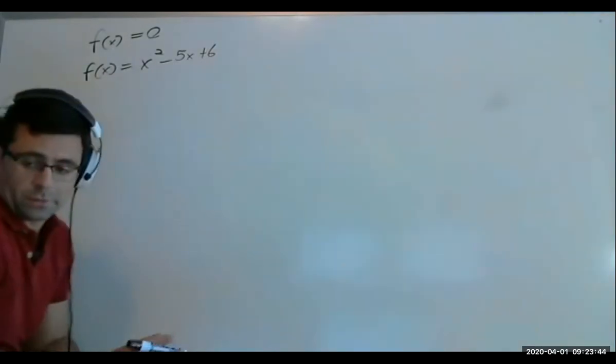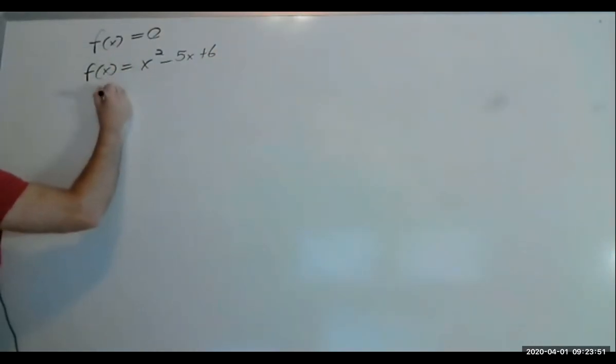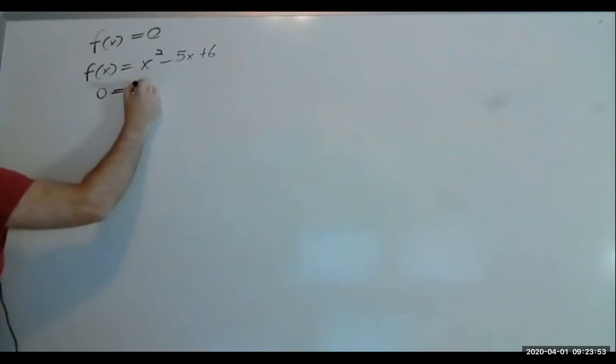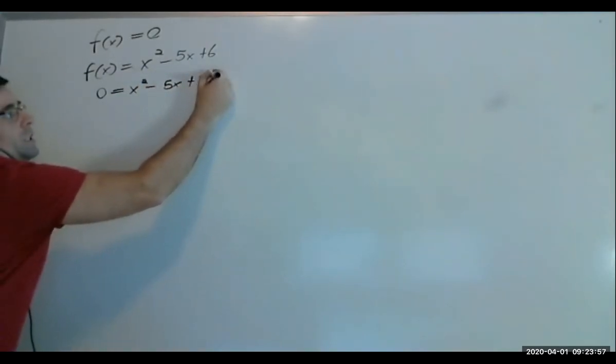It's just the way we solve things in the past. You just get 0 equals x squared minus 5x plus 6.